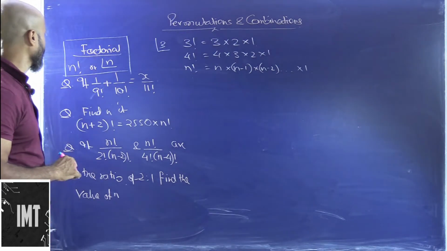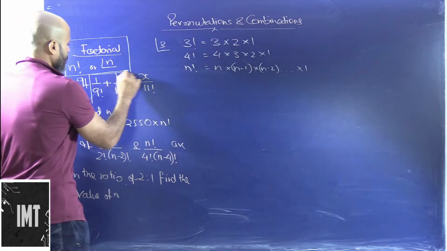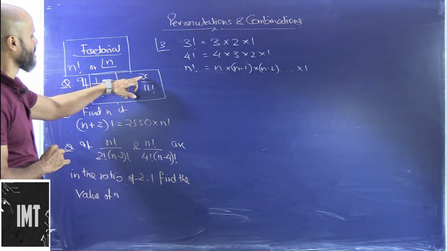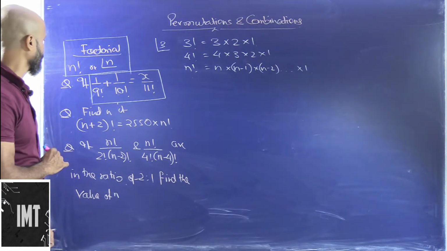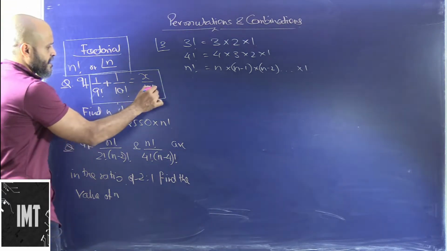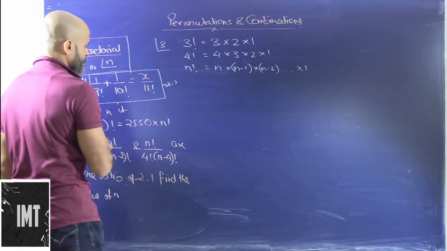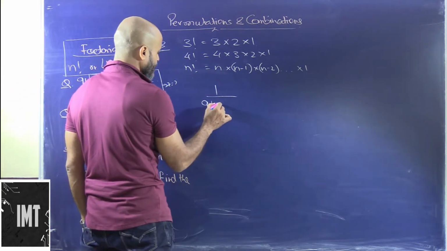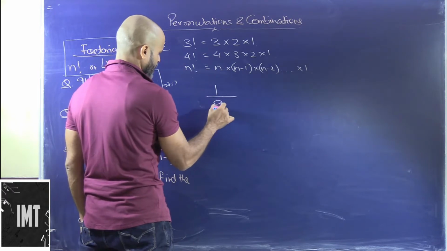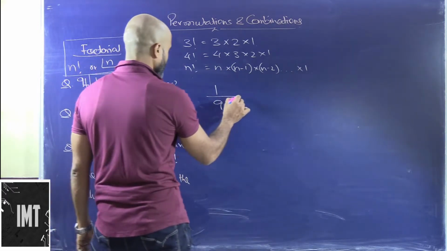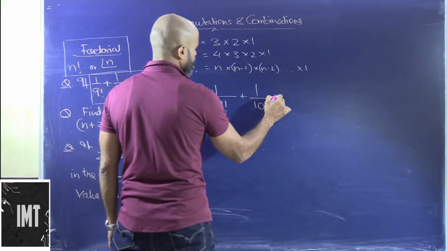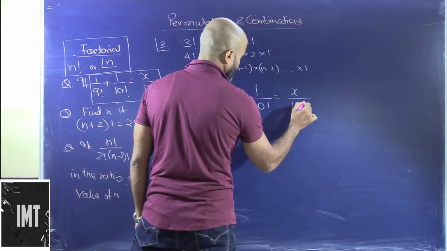So let's say we have this problem here. If 1 by factorial 9 plus 1 by factorial 10 is equal to x by 11 factorial, you have to find out x. So we have 1 by factorial 9 plus 1 by factorial 10, this is equal to x by factorial 11.